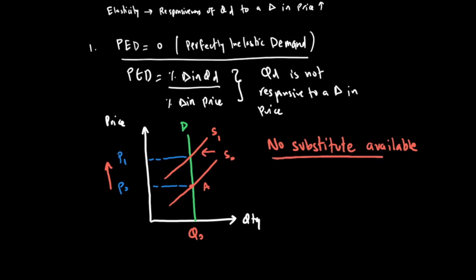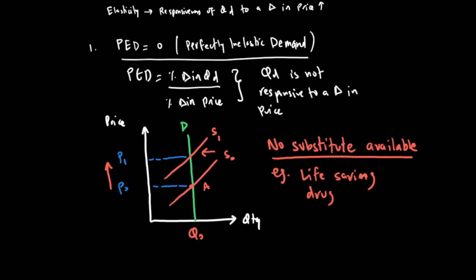Because there is no substitute available, the example of such goods has to be something very crucial for us, such as, for example, your life saving drug. So your life depends on that. So that's the first example where the consumer is not responsive to a change in price.